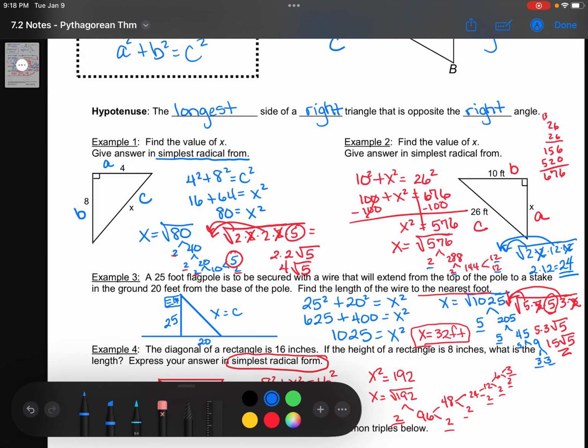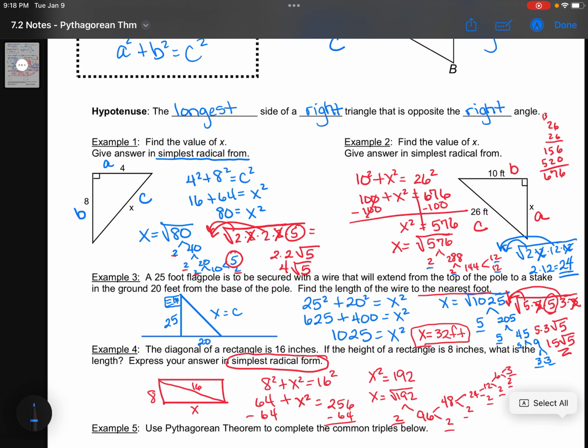So let's change colors. This is going to be the square root of six 2s and a 3.